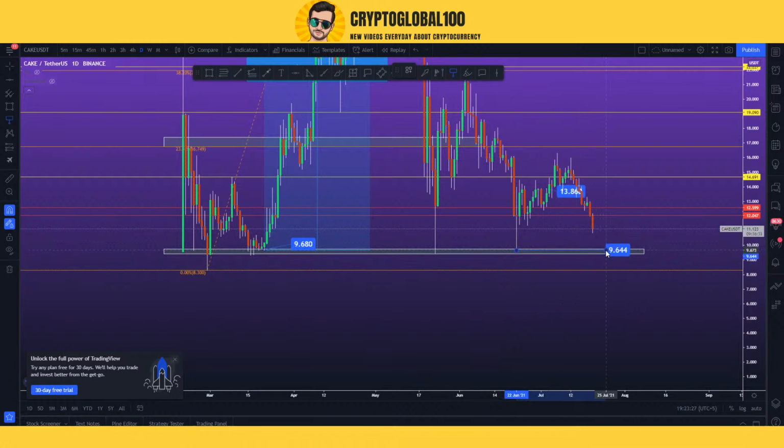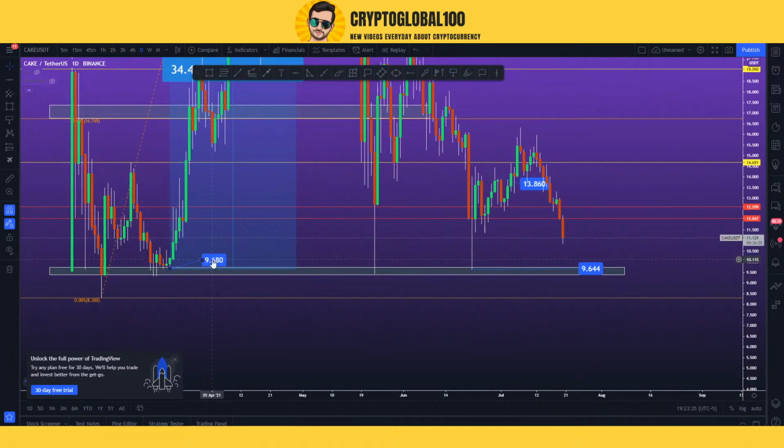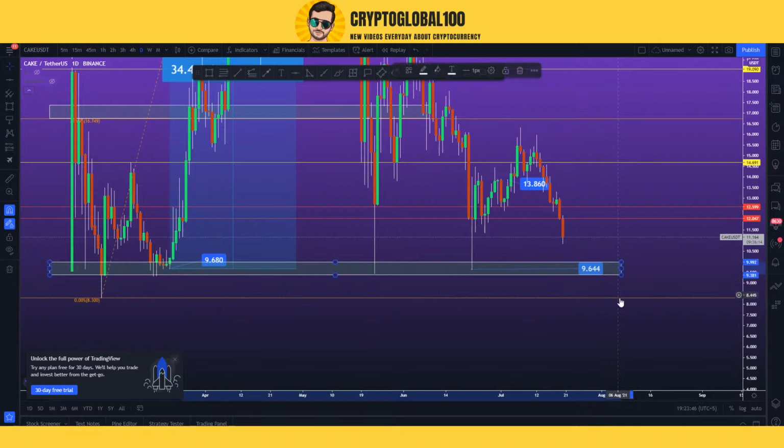Okay, cake is a good buy, very perfect coin. Just place your buy orders around $9 to this area. Okay, $9, that would be perfect buying. $10 as well.